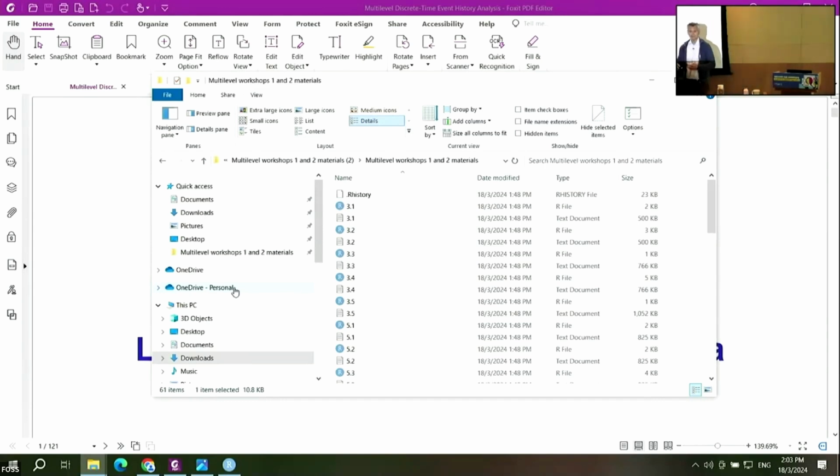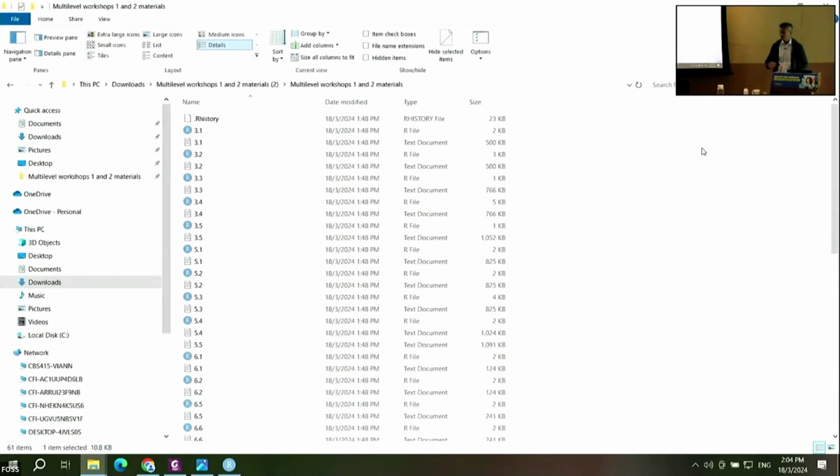Make sure you don't double click on the zip folder, but extract it so that your computer can see all of the files. Once you've extracted all of the files, you'll see a whole bunch of files listed here. A lot of them are the TXT files. The text files are data files, and the .r files are R-script files. They're all taken from the Lemma website.